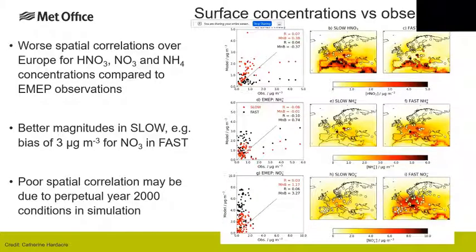Going to Europe, the spatial correlations aren't quite as good when looking at the EMEP observation network. The magnitudes of fine mode nitrate, or in fact total nitrate, are better in slow than in fast, but the poor spatial correlation may be due to our choice of perpetual year 2000 conditions in these simulations.